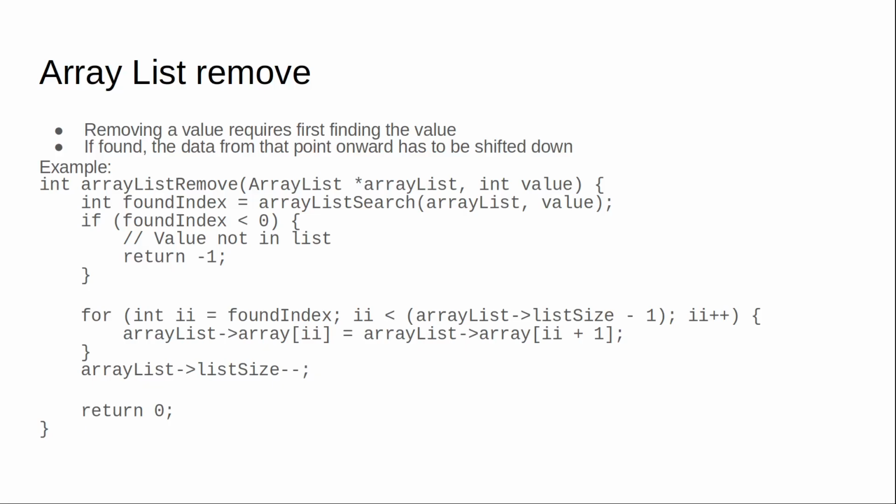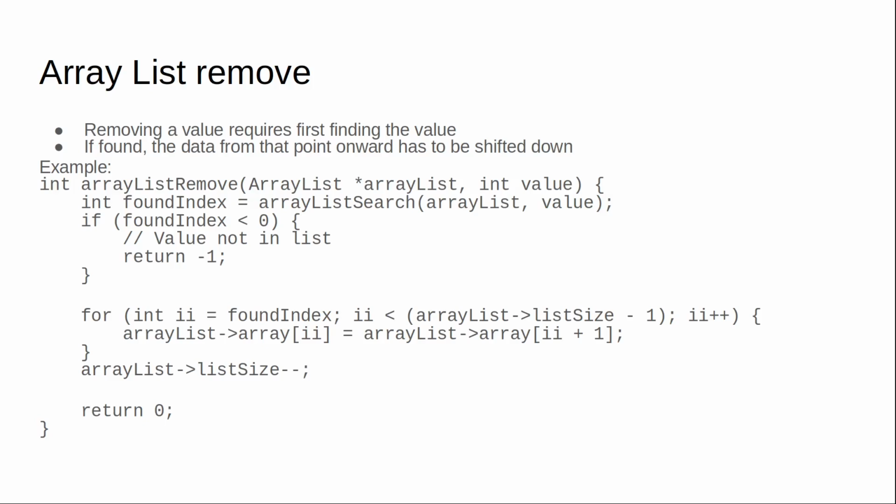Also, because I know that array list search checks for whether or not array list is valid, I know that it cannot return a value greater than or equal to 0 if our pointer is null.